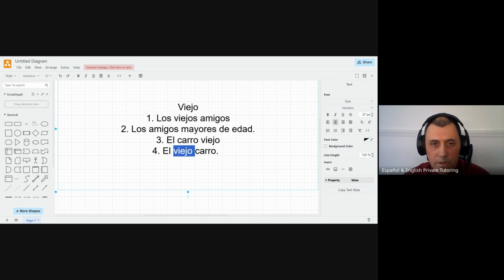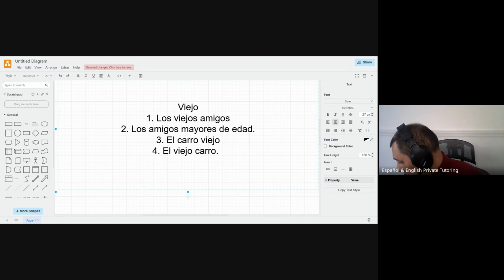So the third one and fourth one are exactly the same sentence, with exactly the same meaning. The third one means the old car, the fourth one means the old car, exactly the same. So you can switch it back and forth if you want, but it will not change the meaning if you use it with things. Carro viejo, el viejo carro. Good. The third one is more common in conversation.